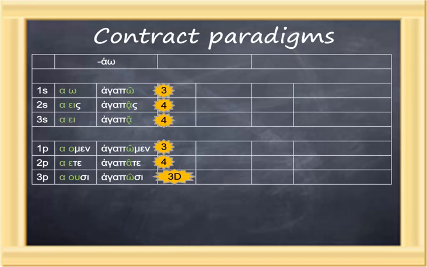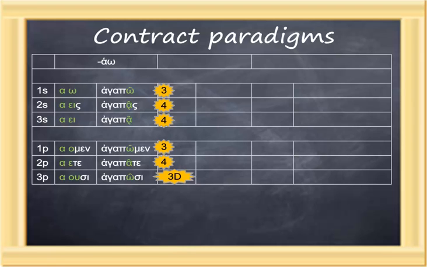In the first person plural, the alpha plus omicron, according to rule 3, contracts to omega. Therefore, the form is agapomen. Alpha plus epsilon contracts to alpha, according to rule 4. So the contracted second person plural is agapate.